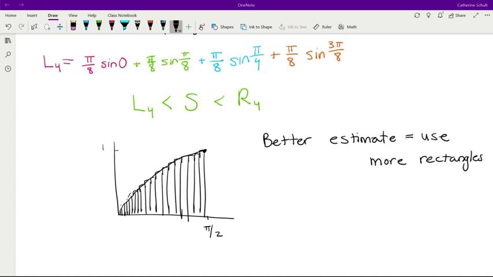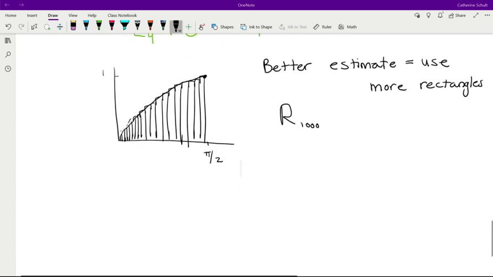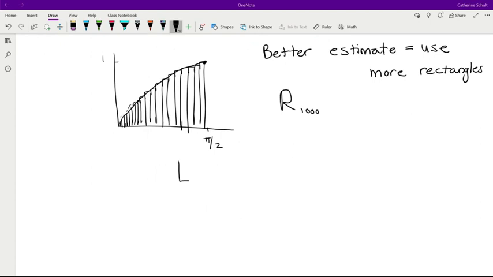All right. So now again, just imagine what would happen if it was like R1,000. And what's going to happen is we're going to let this n right here go off to infinity. And I used the wrong notation, so let me erase the R and put an S, okay?